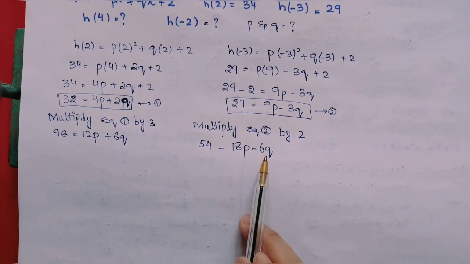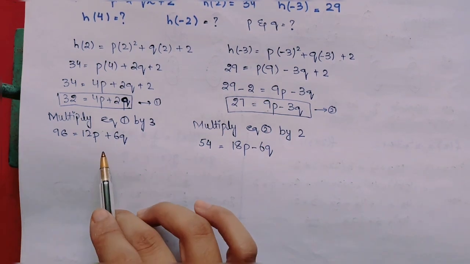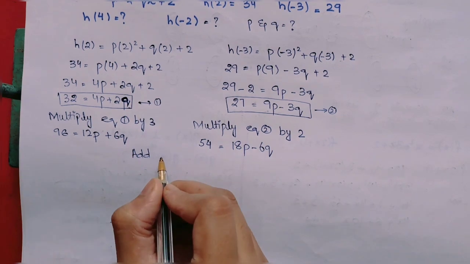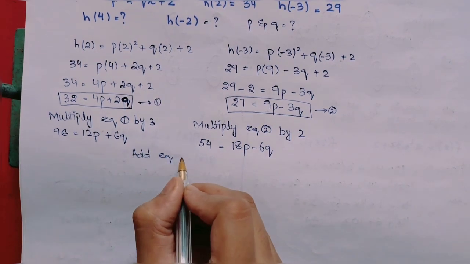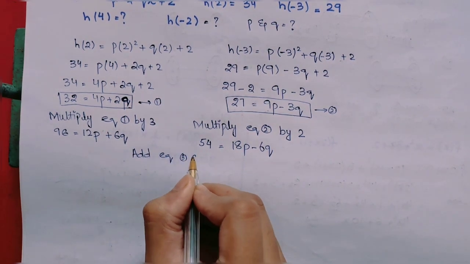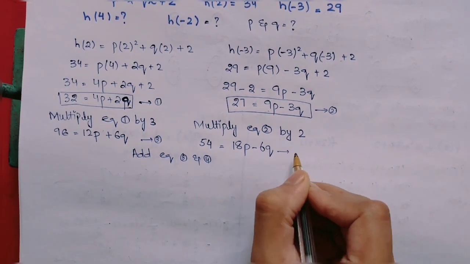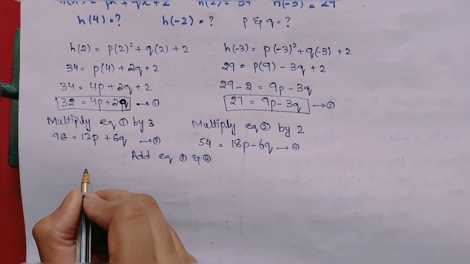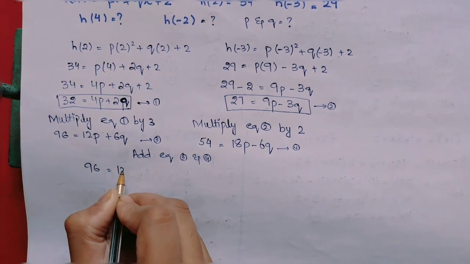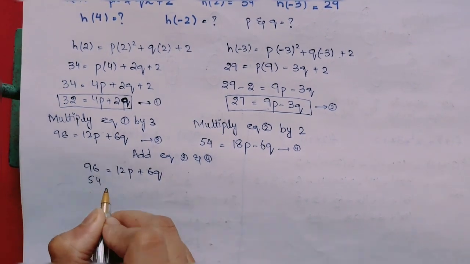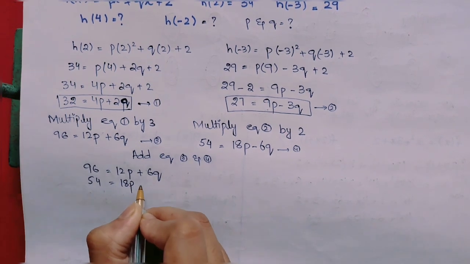Here it becomes 6, here it becomes 6. Now it is plus 6 and minus 6, so we add both equations. Add equation 3 and 4. You will say this is your equation number 3, this is your equation number 4. Add them. 96 is equal to 12p plus 6q, and 54 is equal to 18p minus 6q.